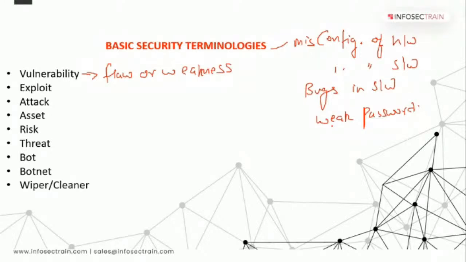Because if you are using a password like your date of birth, it is a guessable password and your account will be attacked, right? So these are the things behind vulnerability, why vulnerability is there.